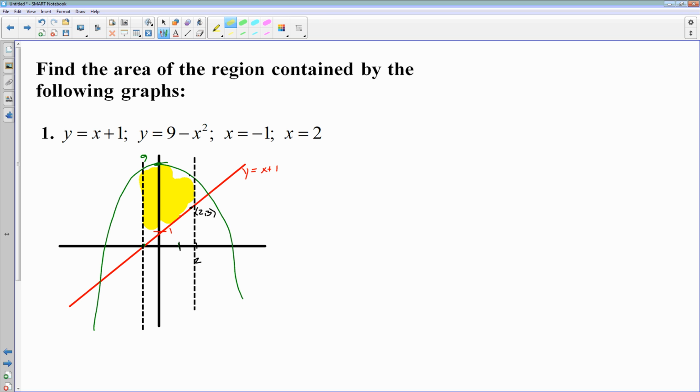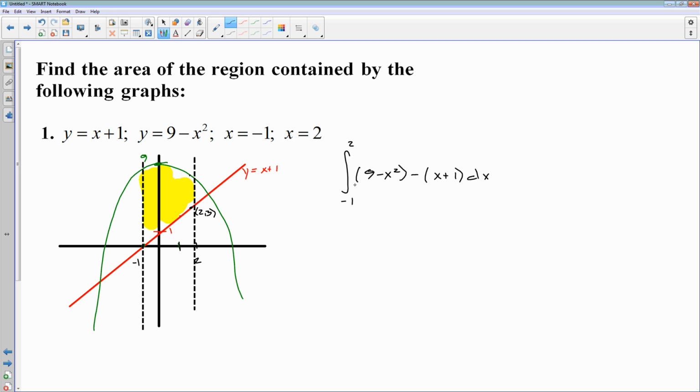Okay, so now I know that I'm looking for the area of this region right here. This is what we're looking at. I can see that my top function is the curve 9 minus x squared. The bottom function is the line. And then I will simply set up my integral, antiderivative. And I'm going from an x-coordinate of -1 to 2 of my top function, 9 minus x squared, minus my bottom function, which is x plus 1, dx. And then we simply work out that integral.